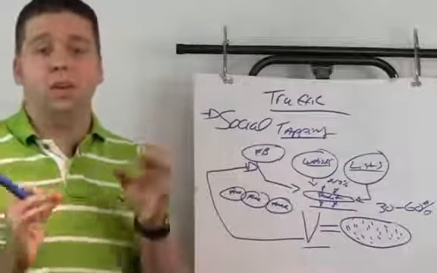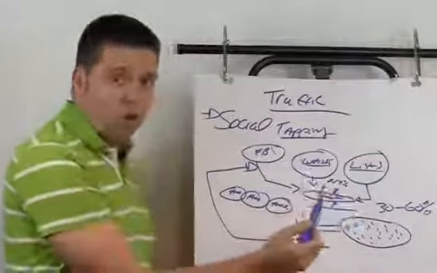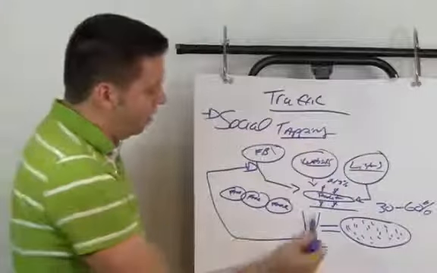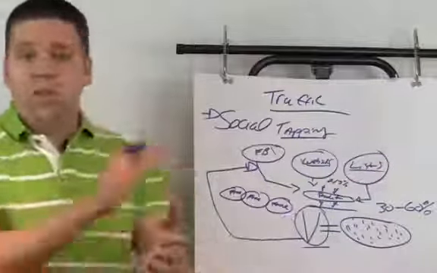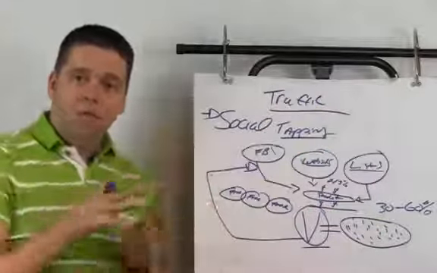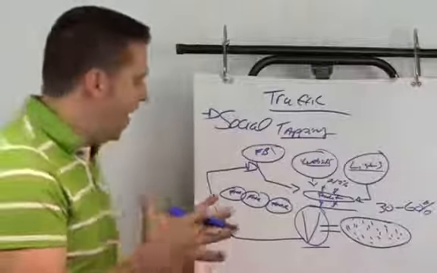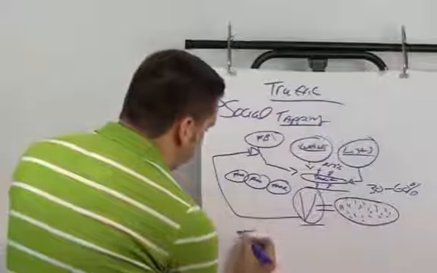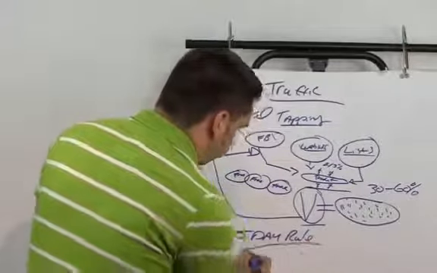If you can get 2 or 3 strategic social tapping partners and you offer something of massive value, okay, your community is just going to totally explode. And once you build that community, then you can start building that relationship. And that's where we talked about the 5-day rule, okay?